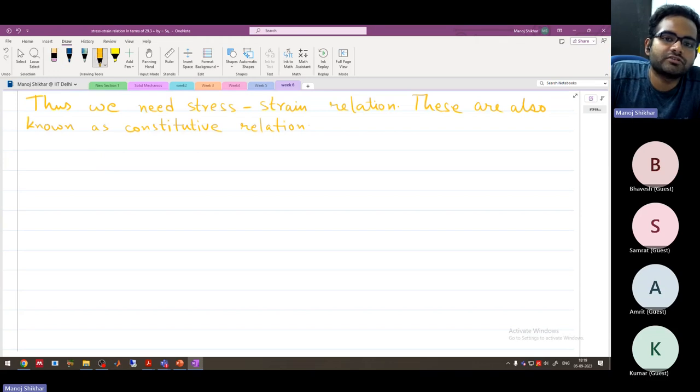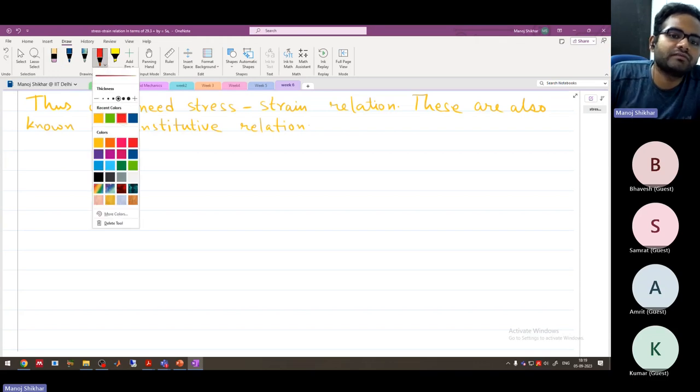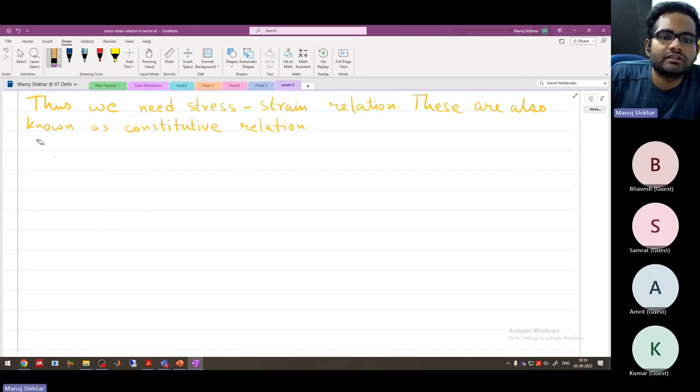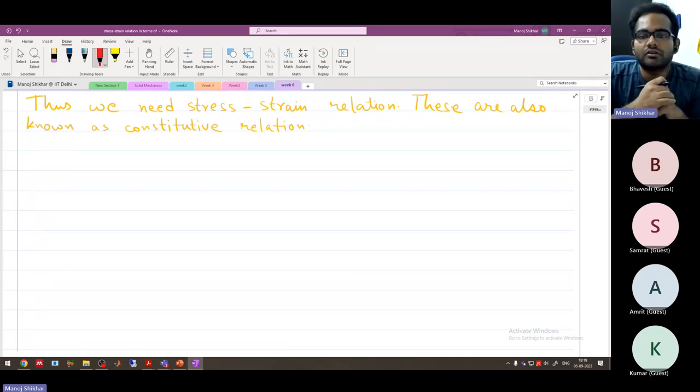In this course, we are assuming that the relationship between sigma and epsilon will be linear. Okay, so for your course, the relationship between the components of stress tensor and components of strain tensor will be linear, but in general, it could be any function.